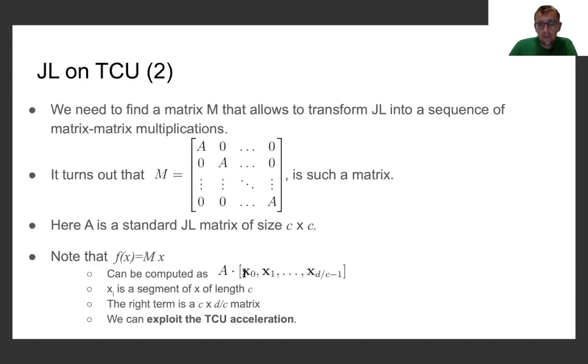So this right term is a matrix of size c times d over c, and it is basically a representation of vector x. In this way, we can easily exploit our Tensor Core units, because here we have a matrix multiplication, and we have results showing how to compute matrix multiplication of any size using Tensor Core units.